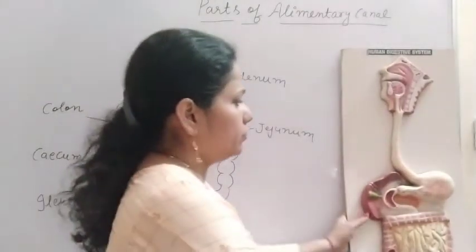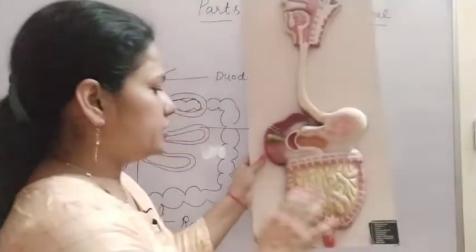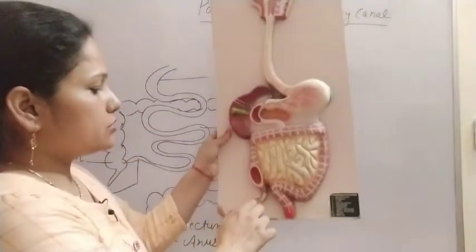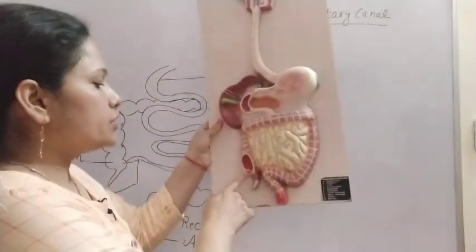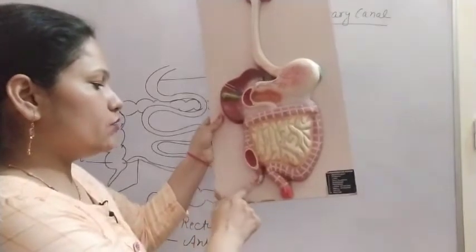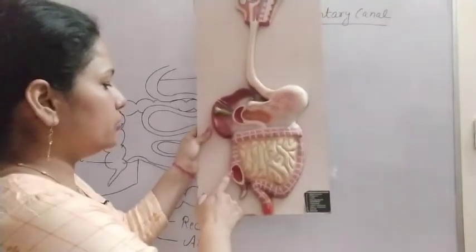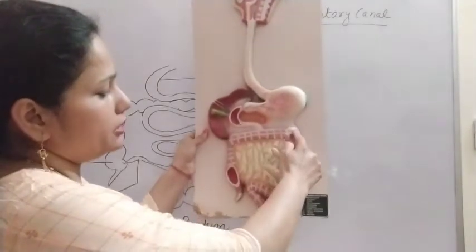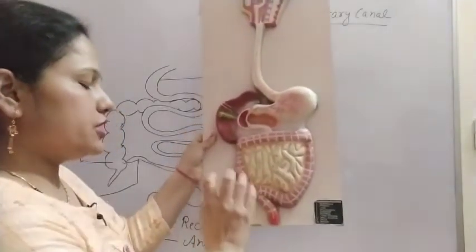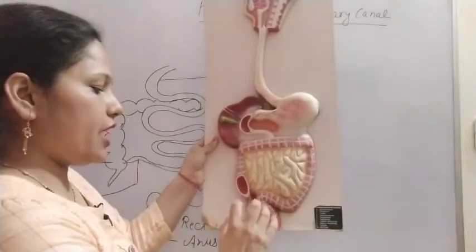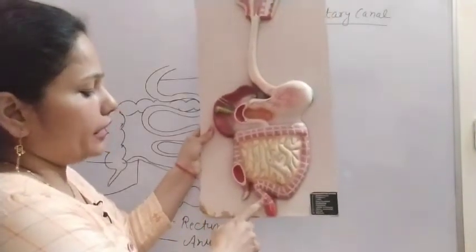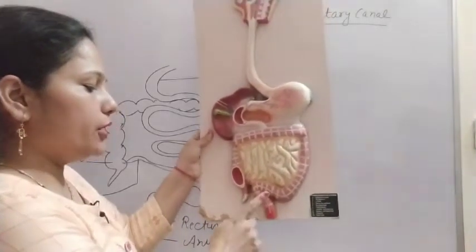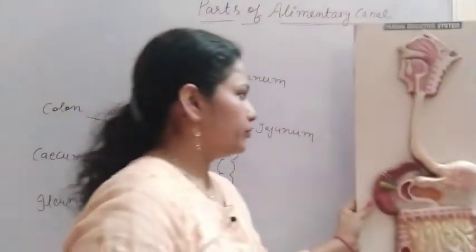Here with this you can also understand this. The cecum part is there. This is the vermiform appendix. Then the ascending colon, transverse colon, descending colon. So these are the three parts of the large intestine, and also the rectum. Then the rectum opens into the anus.